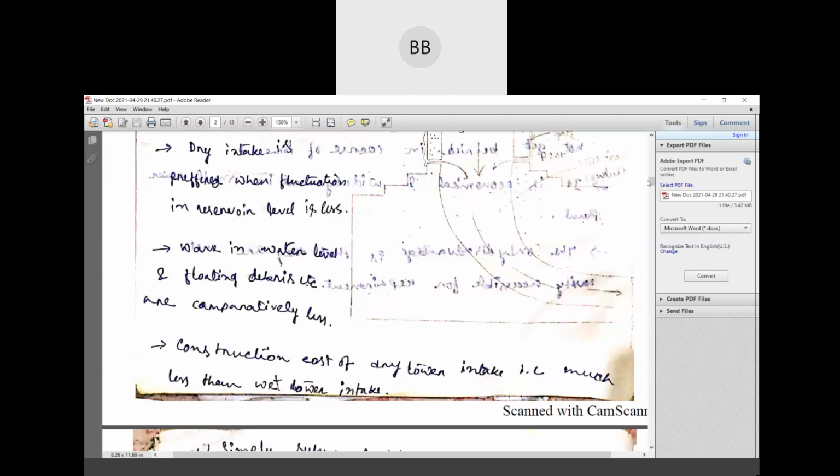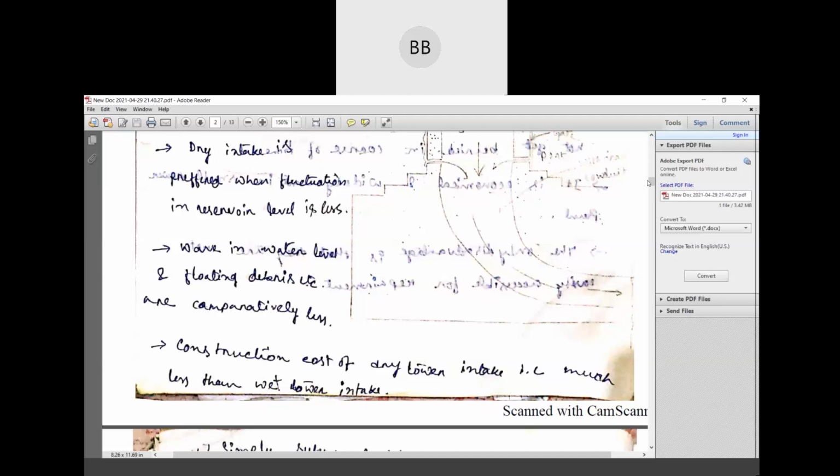Then if that river contains lots of silt or sediment, you have to go for canal intake structure. Then we have dam intake structure. In the first two cases, we are not going to store water, we only divert the water.